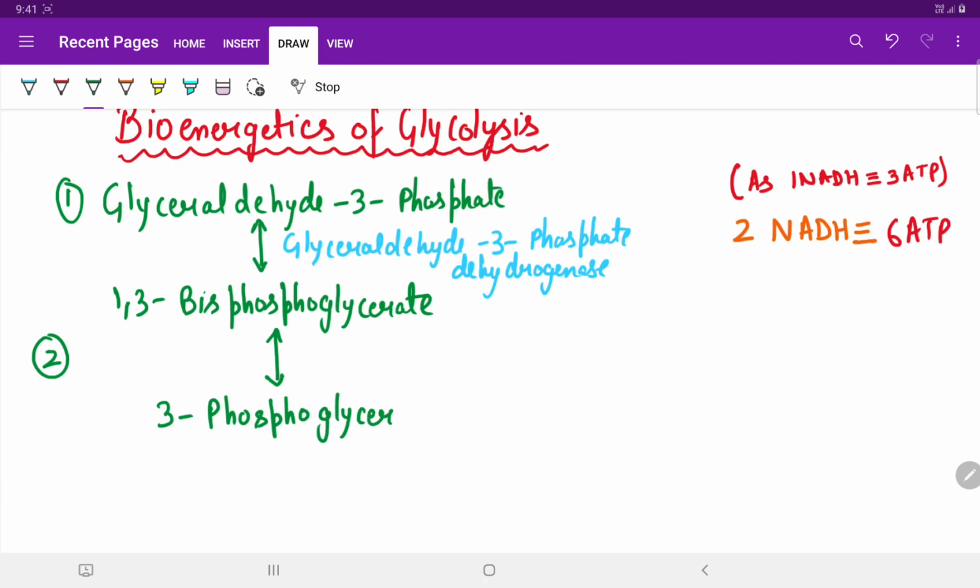So this is the second reaction in which energy is generated, and this occurs in the presence of enzyme phosphoglycerate kinase. This is accompanied by production of 1 ATP, and as the reaction is proceeded for 2 glyceraldehyde 3-phosphate molecules, there will be a net generation of 2 ATPs.